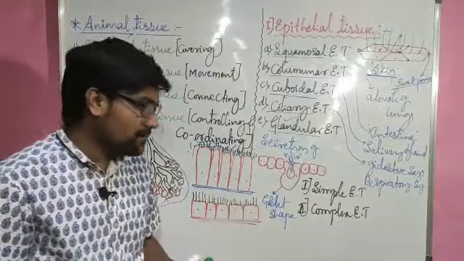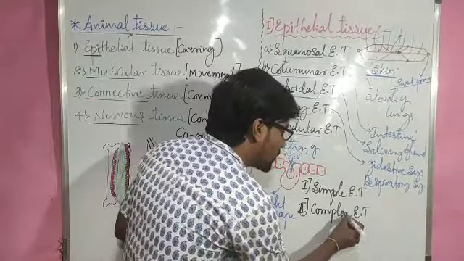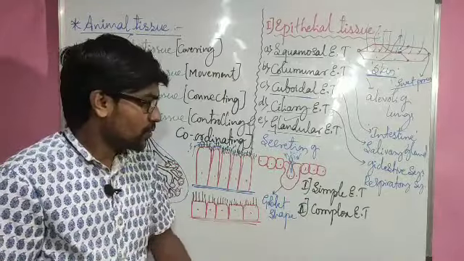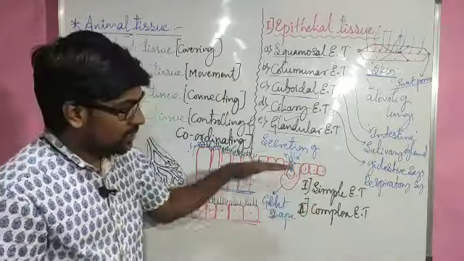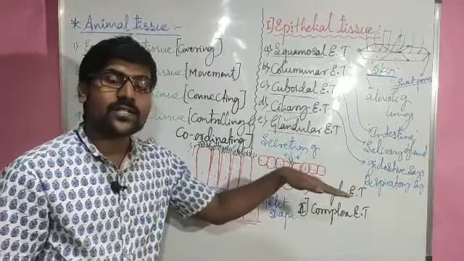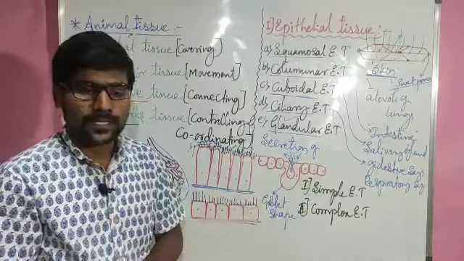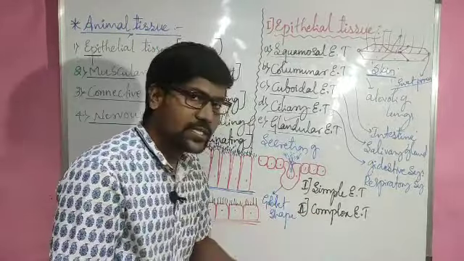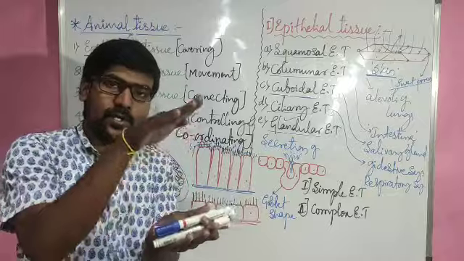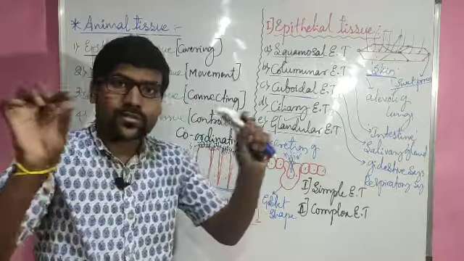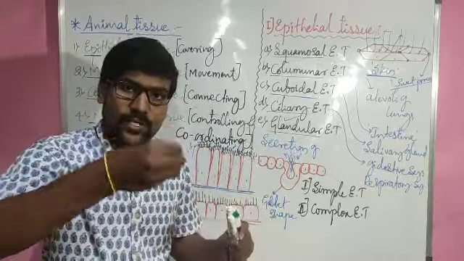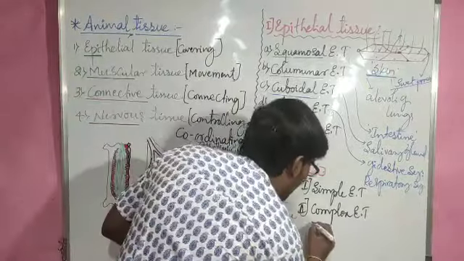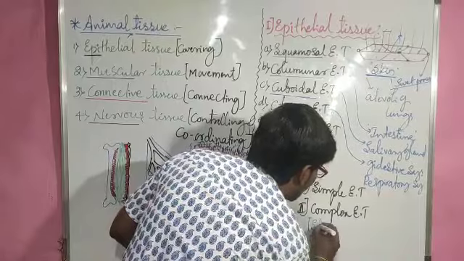Just like simple permanent tissue and complex permanent tissue, we have simple epithelial tissue and complex epithelial tissue. Simple epithelial tissue means the epithelial layer is formed by a single, thin layer. Complex epithelial tissue means many layers are present one above the other and form a thick layer by the combination of many layers.